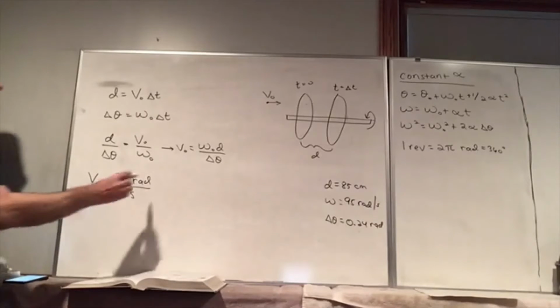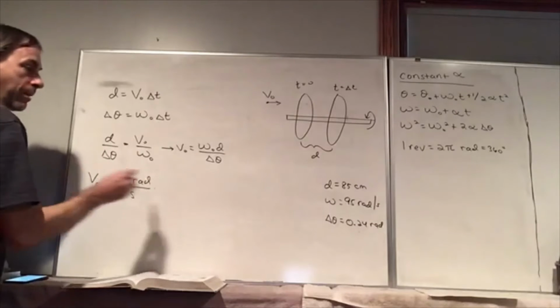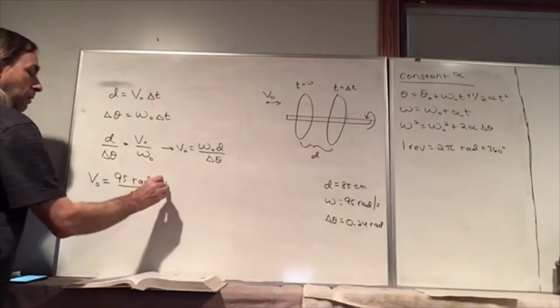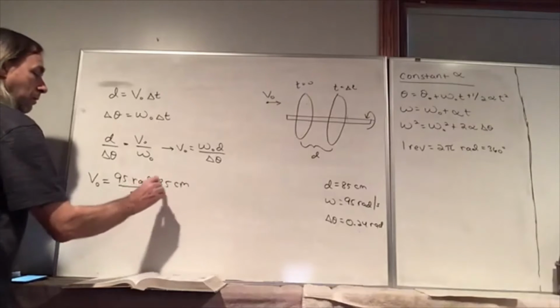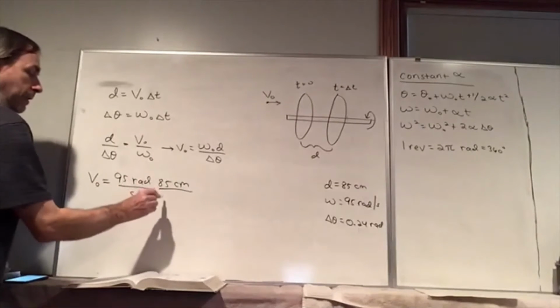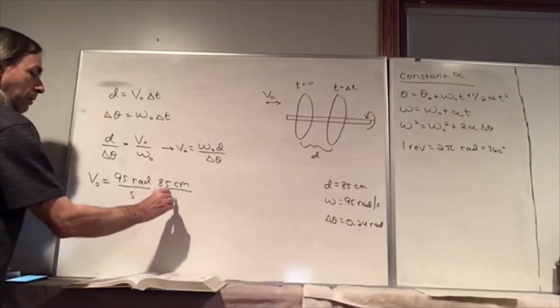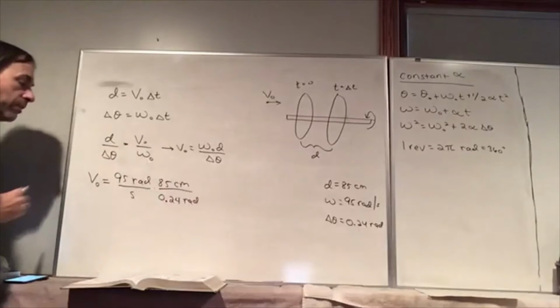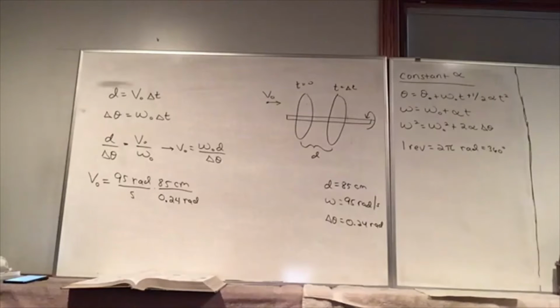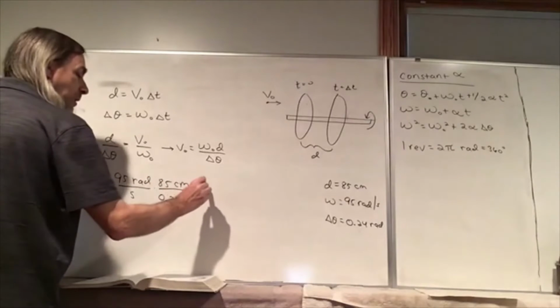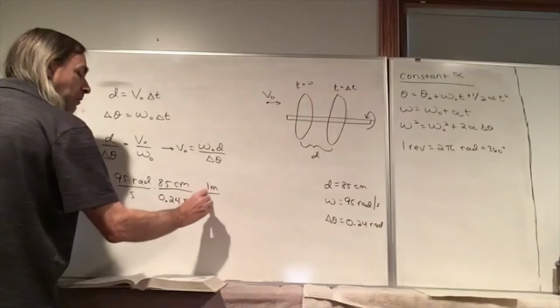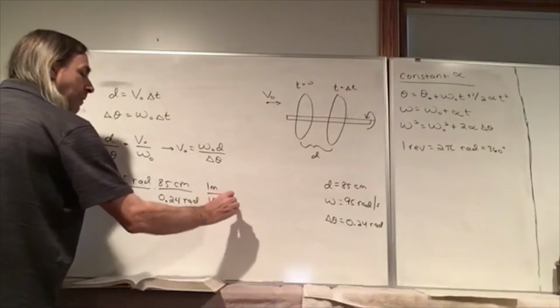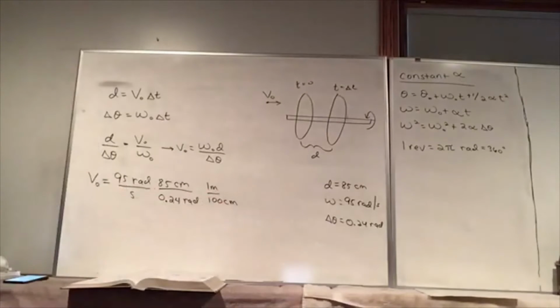So always pay attention to units, but be a little bit extra careful in this topic, circular motion. Okay, and this will give us centimeters per second. Let's convert to meters. So 1 meter is 100 centimeters. So now we have the velocity in meters per second.